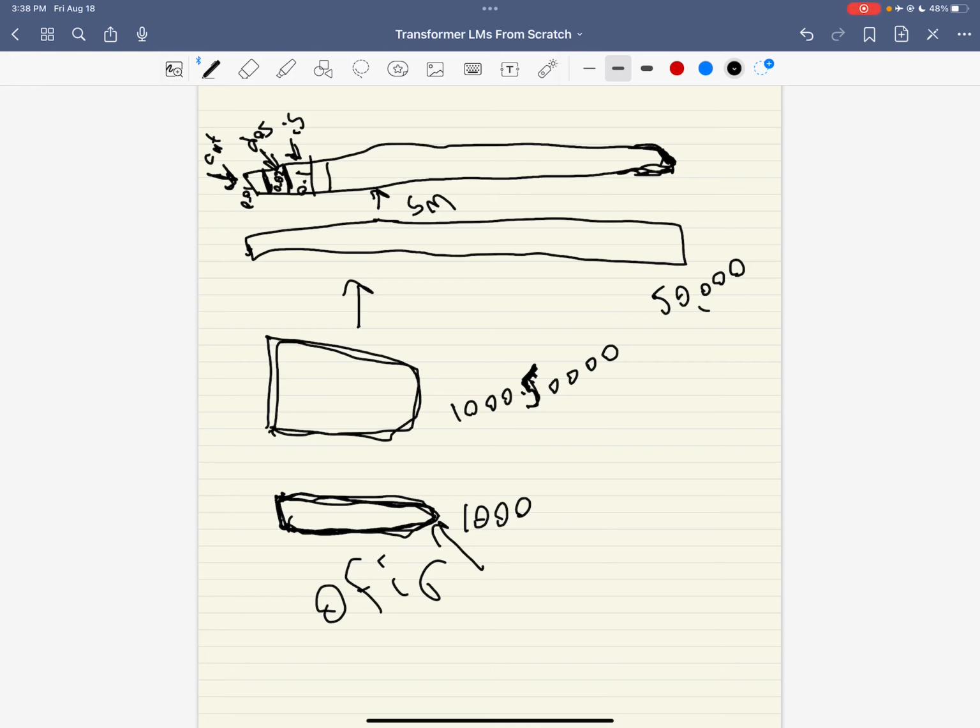So the input word embedding matrix is 50,000 vectors of size 1,000. This is going to be called the output matrix, and that's of size 50,000 times 1,000. And that's it. So we just have two matrices in this model.